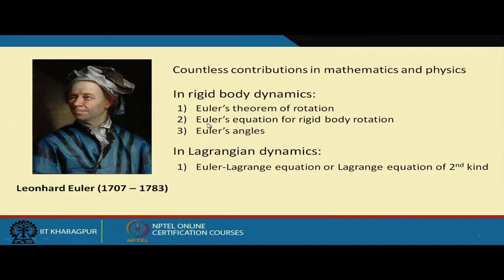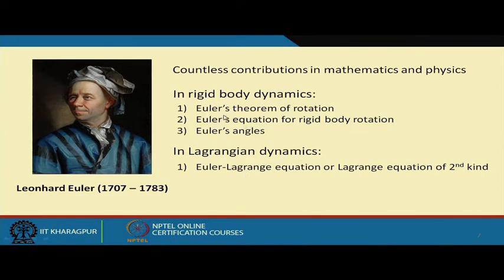Later on we will see that there are Euler's equations for rigid body rotation, and we will also have Euler's angles. Later on when we move on to Lagrangian dynamics, there is a set of equations called the Euler-Lagrange equation or Lagrange equation of second kind, which is also a very important thing. Okay.